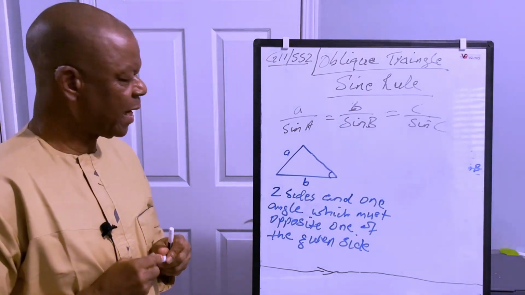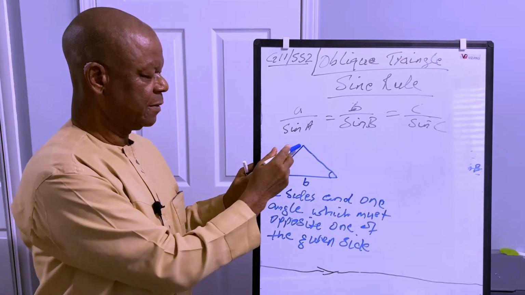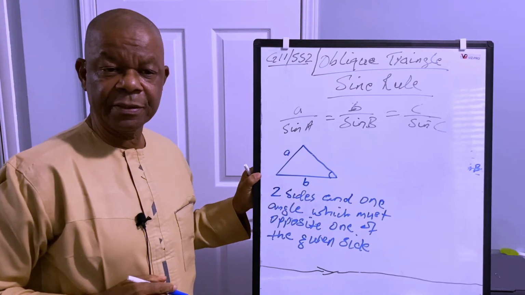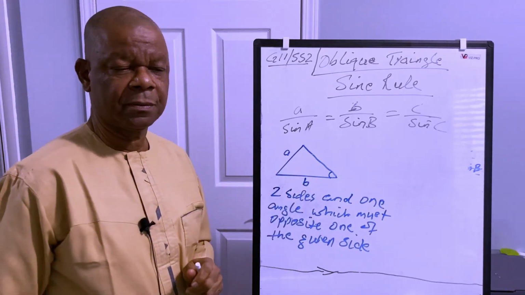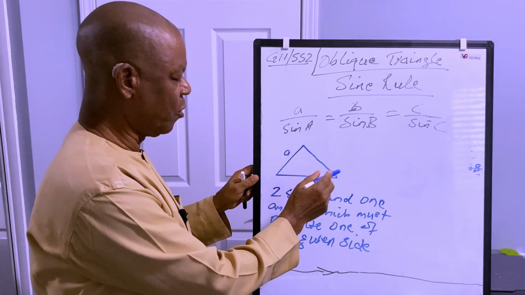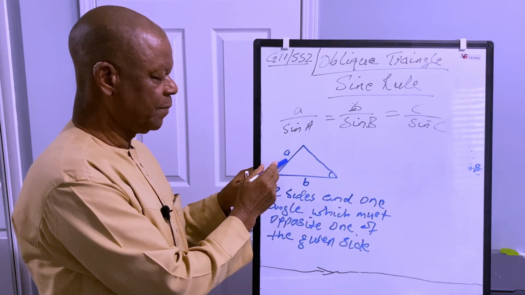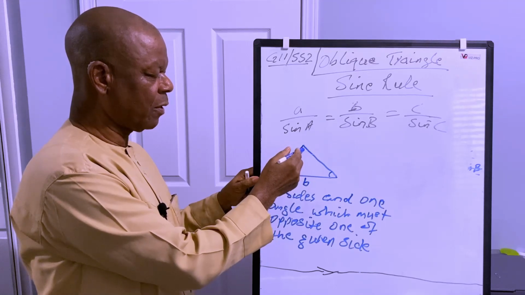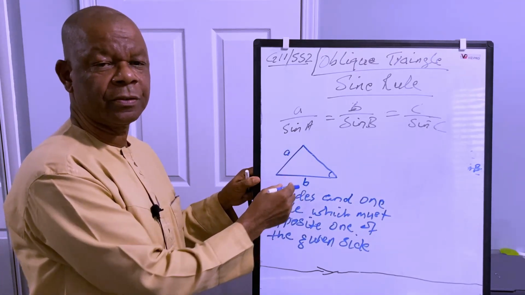Here we have two sides given, side a and side b, and we are given one angle. This angle must be opposite this a, or this other one which is opposite b.